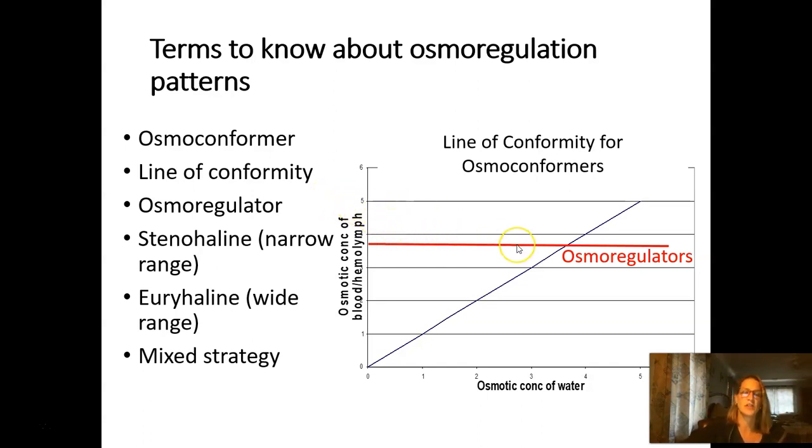However, some species are considered euryhaline, and those organisms can exist in a wide range of osmolarity. This line would represent a euryhaline organism, able to maintain the same osmotic concentration whether in purely fresh water or salt water.